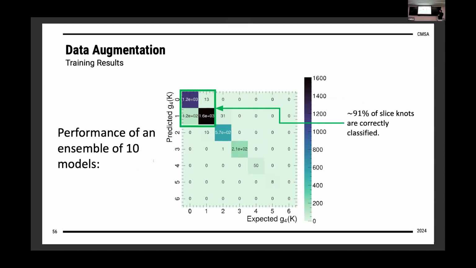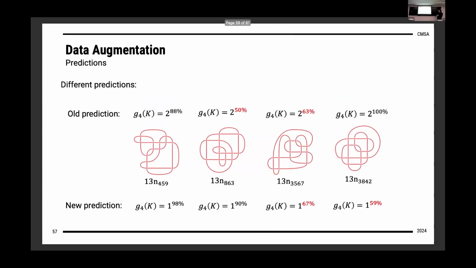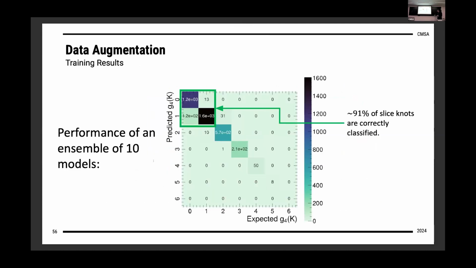But this can be interpreted simply because we added artificially many more connected sums, and because of this it predicts those additional knots slightly better. However, now it's more balanced, in the sense that there's a roughly equal number of genus 1 and genus 0 knots, and it is able to perform slightly better.